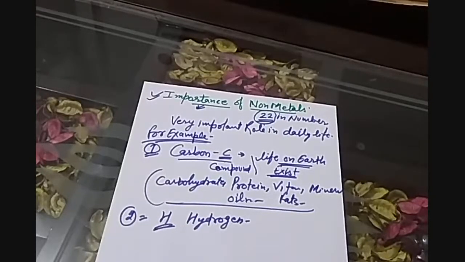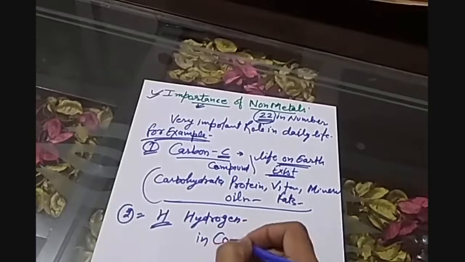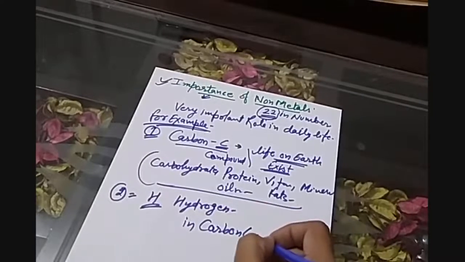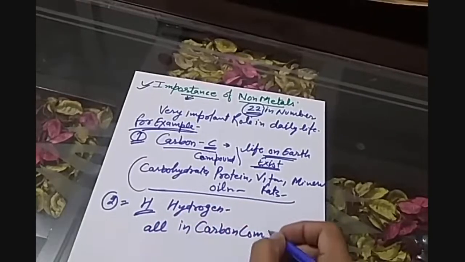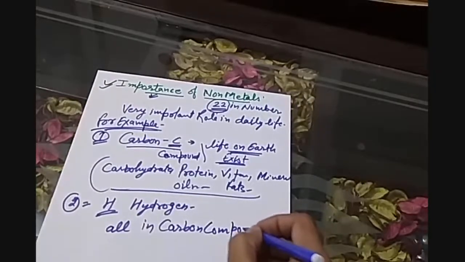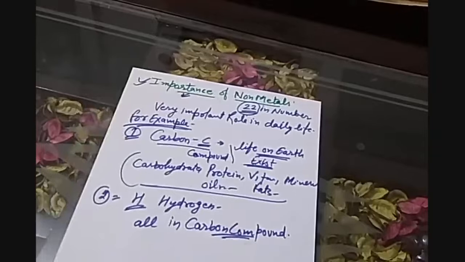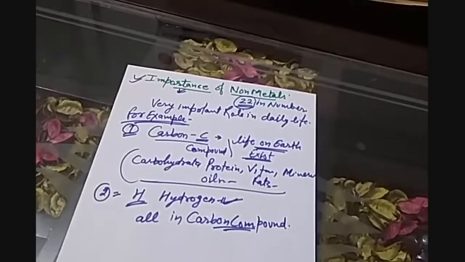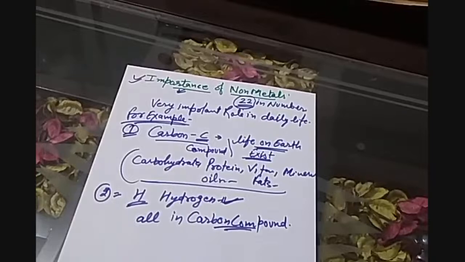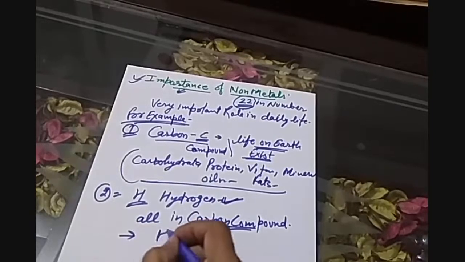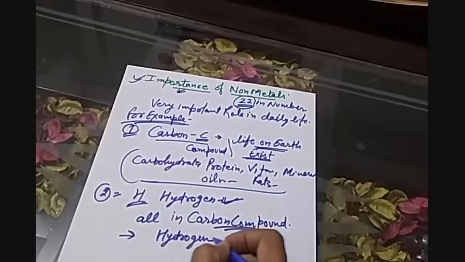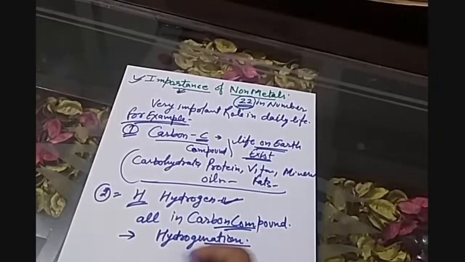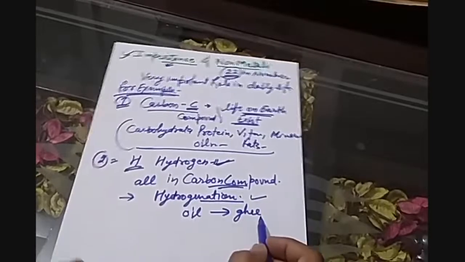That is because in almost all carbon compounds, all carbon compounds contain hydrogen. जितने भी कार्बन कंपाउंड है ऑलमोस्ट ऑल कंटेन्स हाइड्रोजन. Second thing, hydrogen is also used for hydrogenation. हाइड्रोजिनेशन we have studied the process of converting oil into ghee. So this hydrogenation is a process to convert oil into ghee.